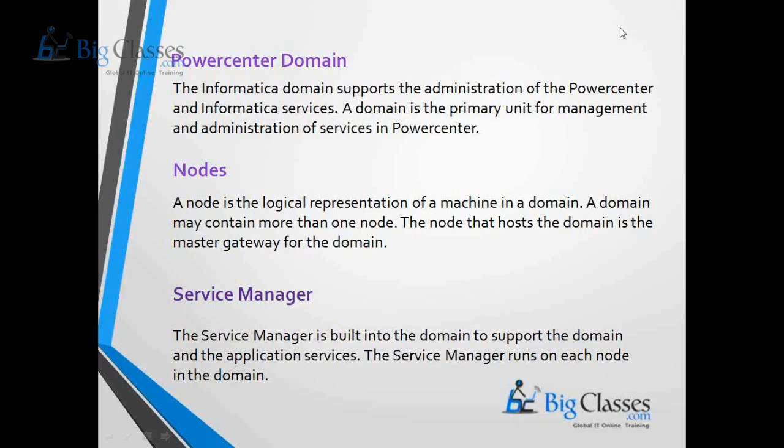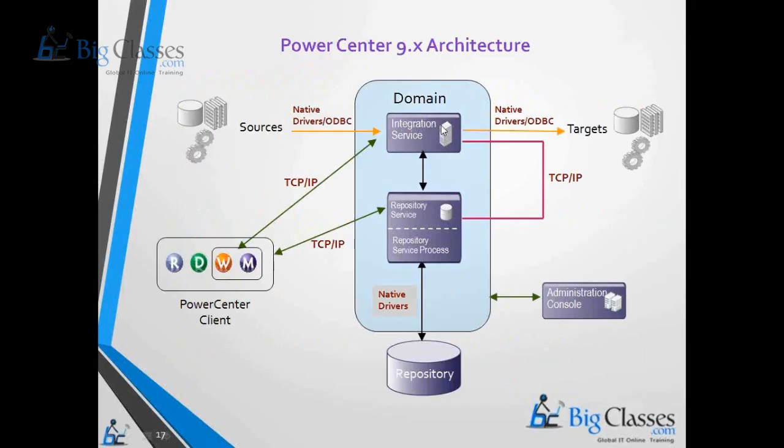When you talk about load balancing, the integration service is the one which runs the ETL process, right? So when multiple nodes are present and you run the ETL process, you can share the load of that particular ETL process across multiple nodes.